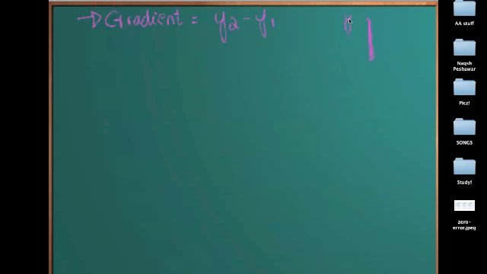So, for example, if this is the y2, the value of y here, and the value of y here, so this is simply y2 minus y1 divided by the corresponding change in x, which is x2 minus x1. So it is basically the change in height over change in length.